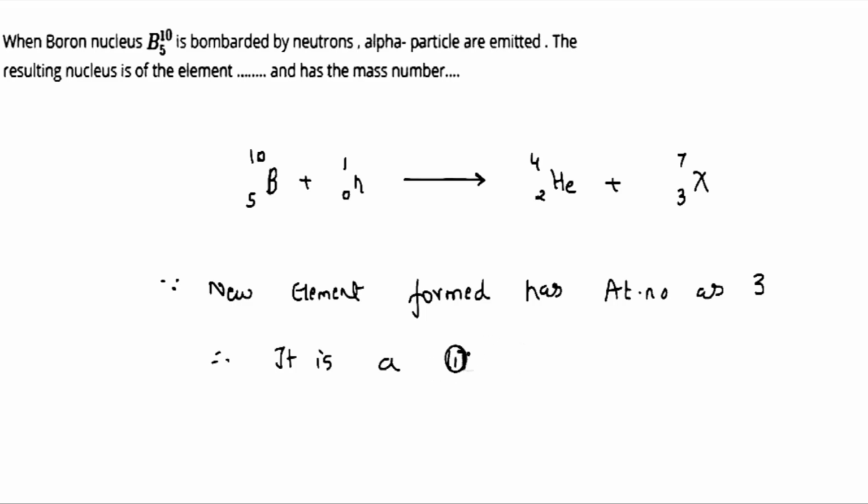So the element is lithium and it has a mass number of 7. So here the answer will be Li and the mass number will be 7.